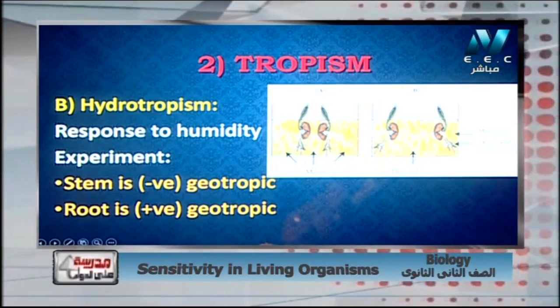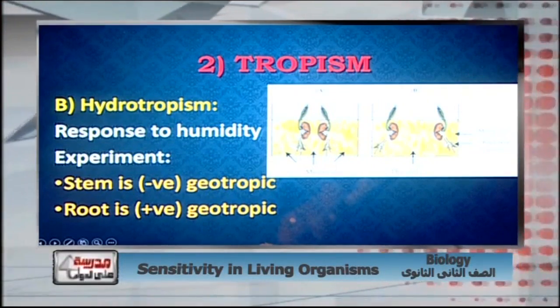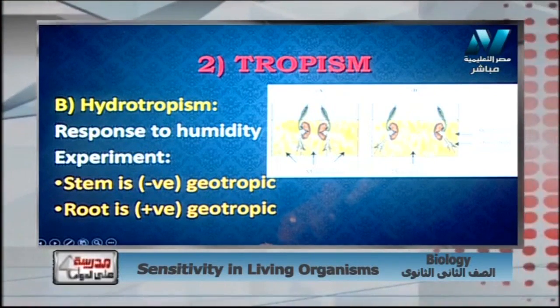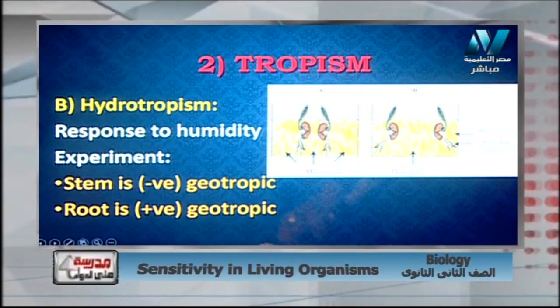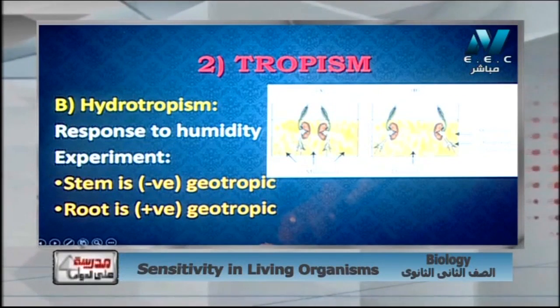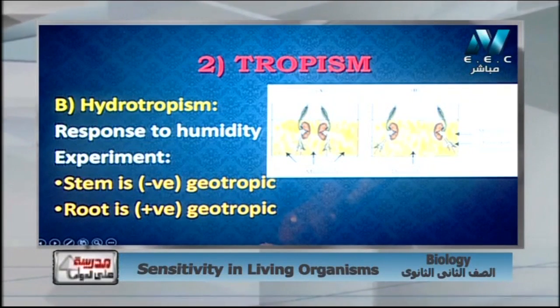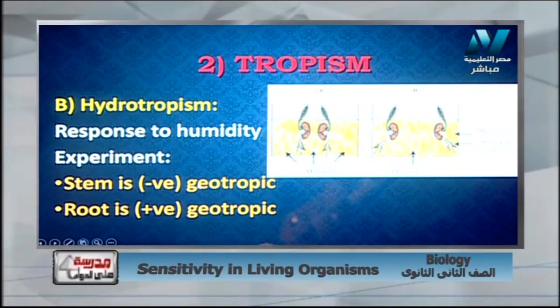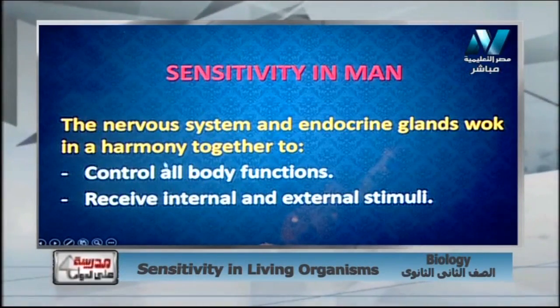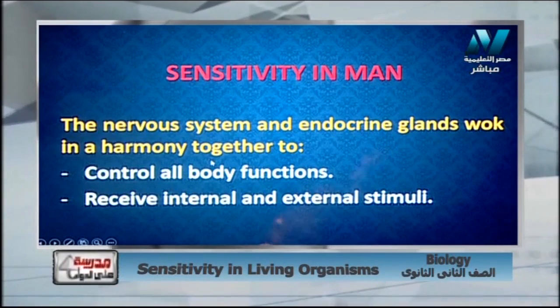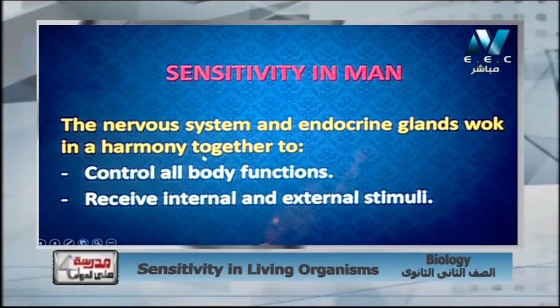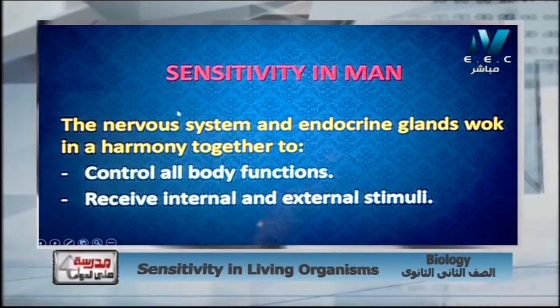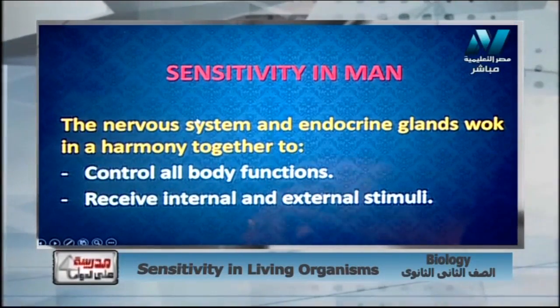So the root bends towards the humidity, like this, in both seeds. But the stem grows away from humidity, upwards, so we call the stem negative hydrotropic, and the root positive hydrotropic. And that was the sensitivity in plants.